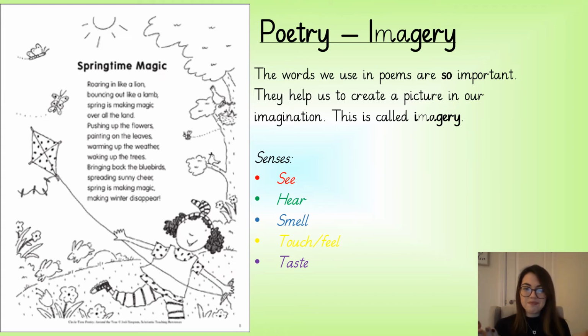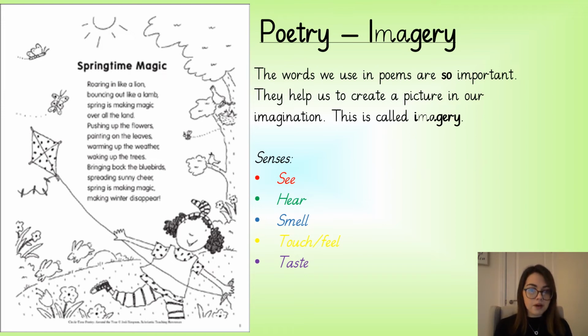Imagery. Imagery is just a fancy word for the pictures that are created in our minds. And usually, imagery is created by playing on our senses. So we've got our senses written on our screen here. We've got see, hear, smell, feel, and touch.